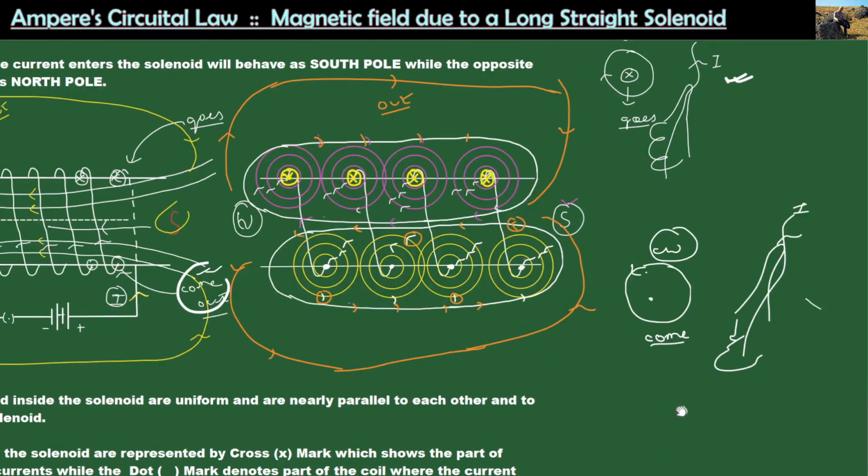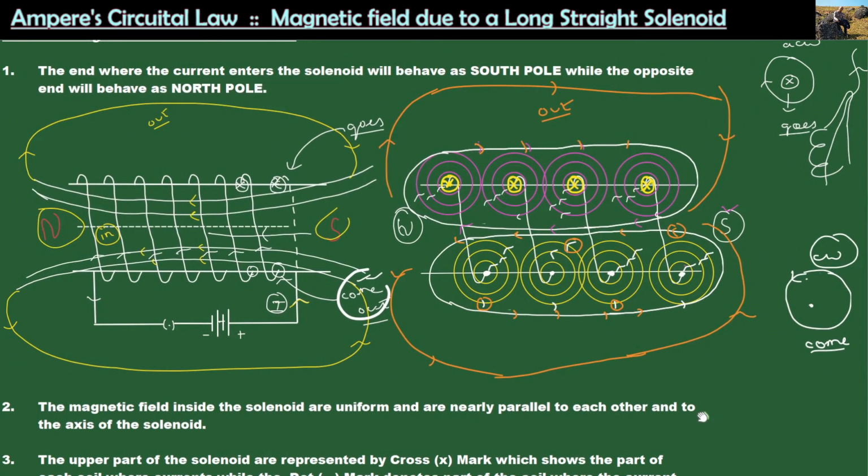Similar to the magnetic field lines generated by a bar magnet. So if you look over here, this is the direction of the magnetic field outside, and these are the directions of the magnetic field lines inside.